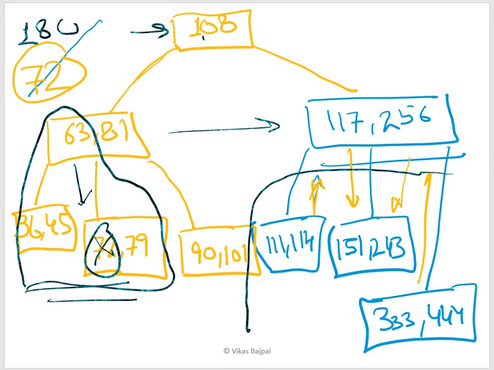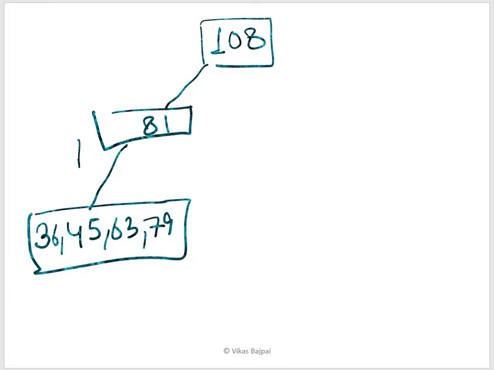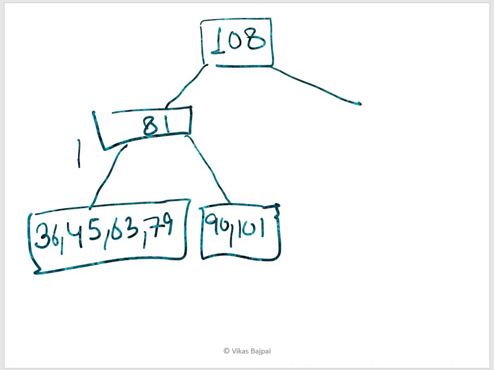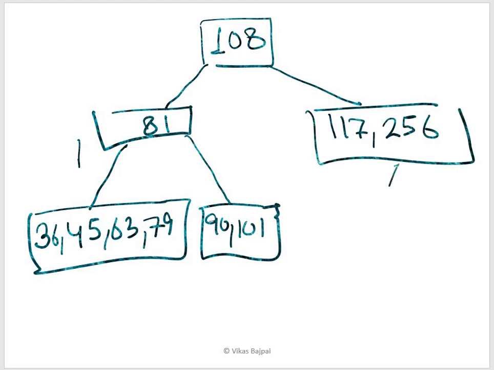And on the right hand side of 81, I still have 90 and 101. And to this, I have 117 and 256. And below it, once again, I have a subtree which I am not drawing at this moment, because our focus is to now look into this part.